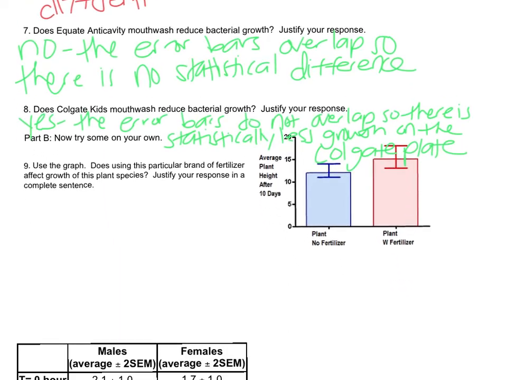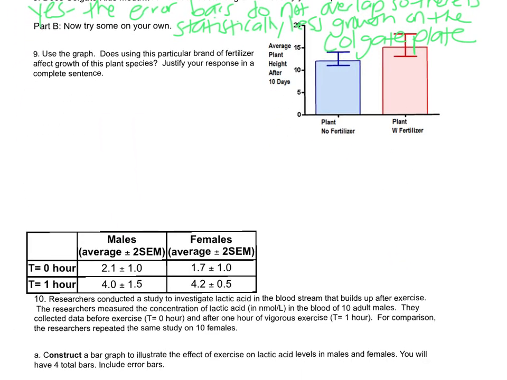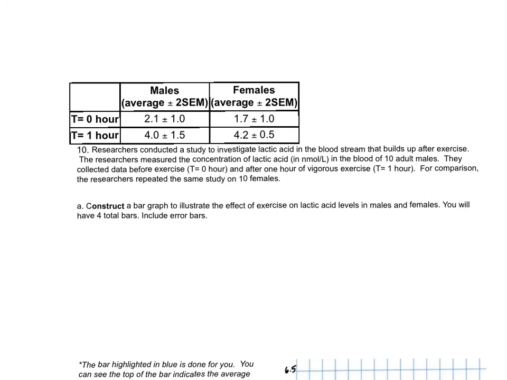To complete the back, you'll take a look at this plant graph here on the top right and identify if those bars overlap or not. And then in question 10, you will need to make your own graph. There are no true hard math calculations for you to do. AP Bio gives you the 2 SEM numbers.